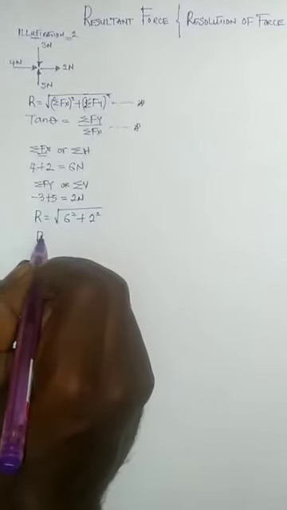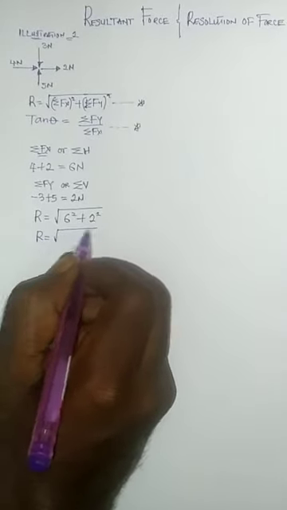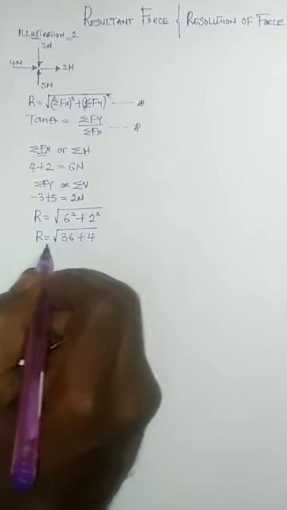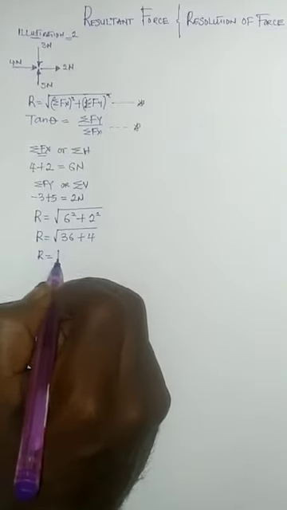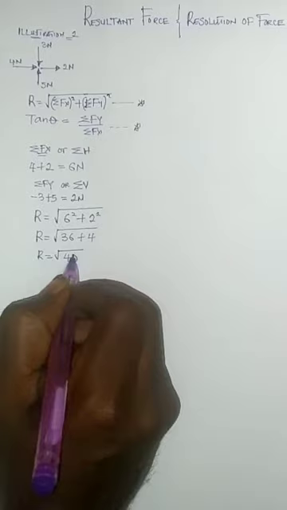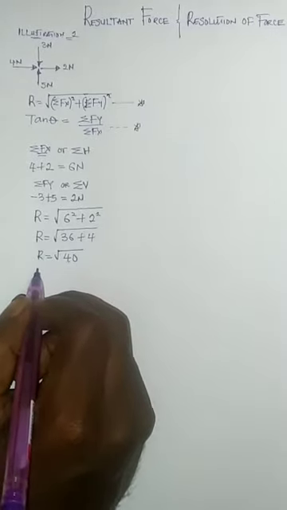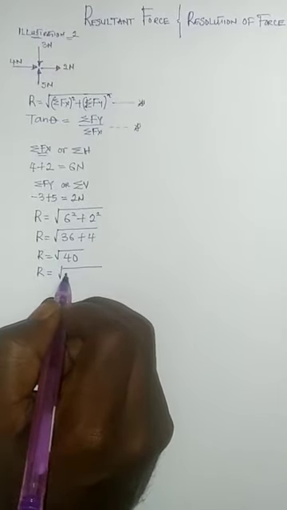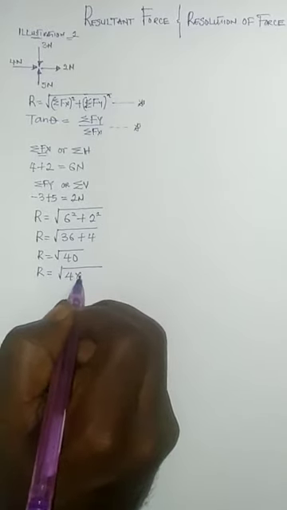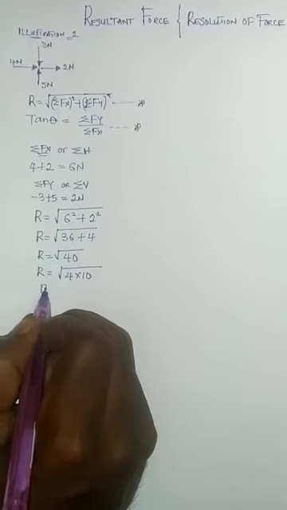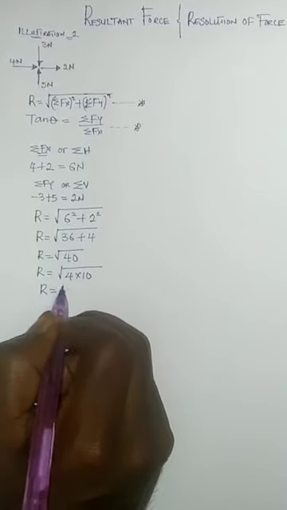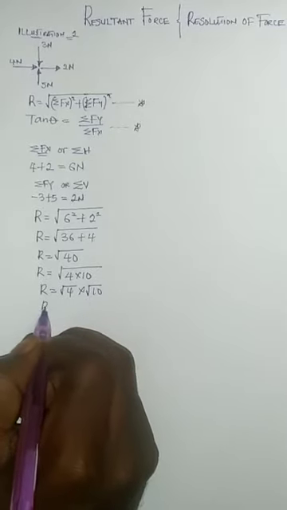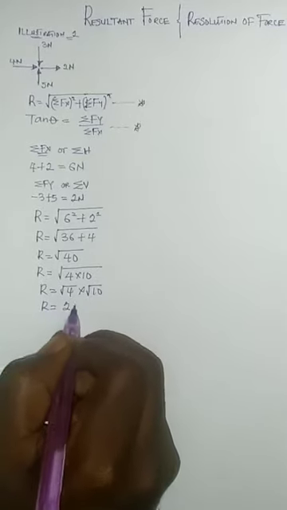From here, my resultant force will be the square root of 36, which is 6 squared, plus 4, which is 2 squared. So the resultant force is the square root of 40. Rewriting this in short form, it is the square root of 4 times 10, which gives 40, which is the square root of 4 times root 10. The square root of 4 is 2, so we have 2 root 10.